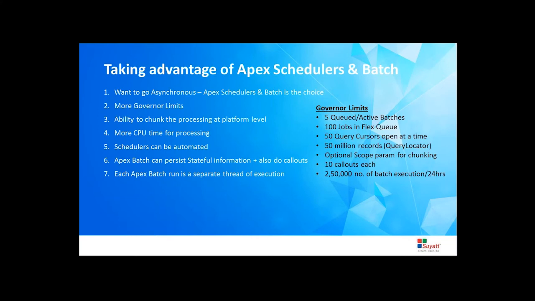That is, in the Apex batch perspective, the max CPU time allowed is 60,000 milliseconds for the batch Apex to time out for a particular operation. But if it was in the synchronous fashion, like in an Apex trigger, it would easily time out in 10,000 milliseconds, right?